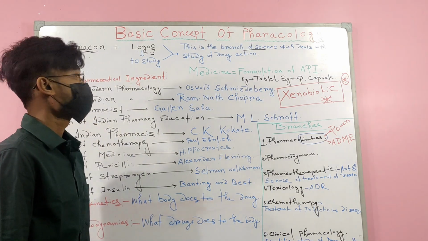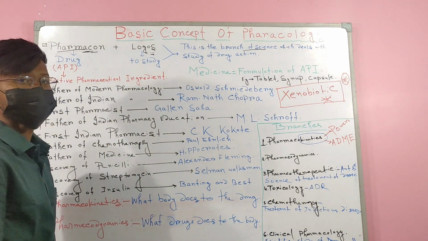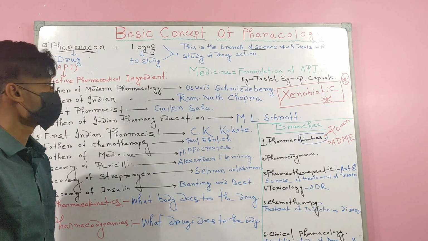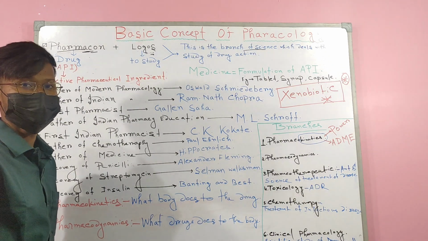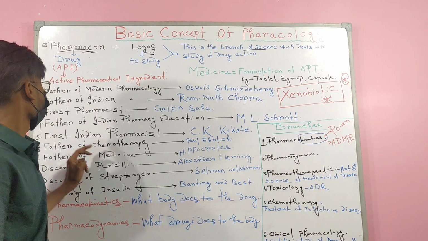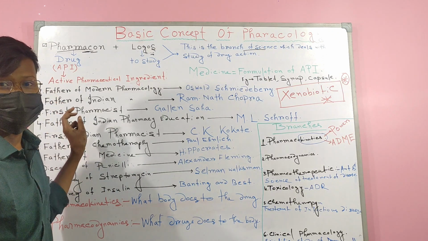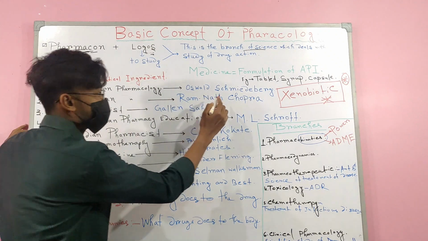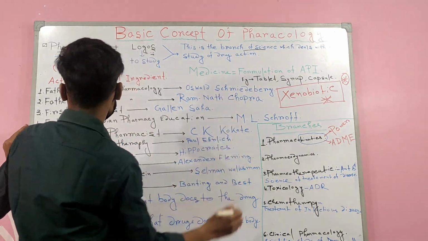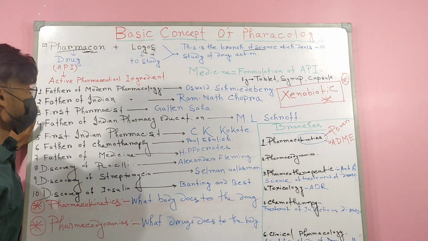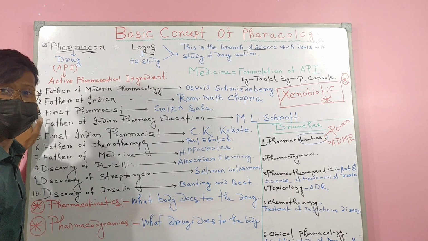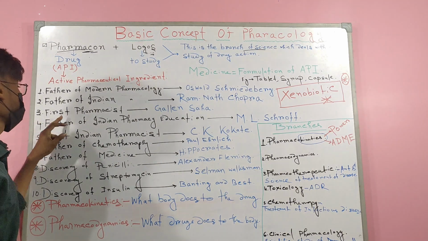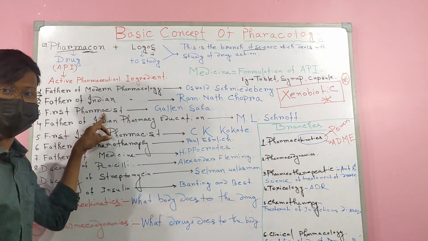Then we all need to know some scientist names because this is very important for our exam. The first one is the father of modern pharmacology, Oswald Schmiedeberg. Then father of Indian pharmacology, Sir Ramnath Chopra. Then first pharmacist, Galen.